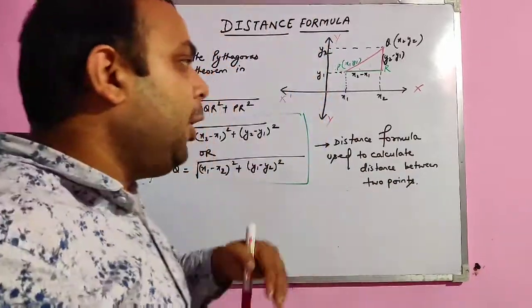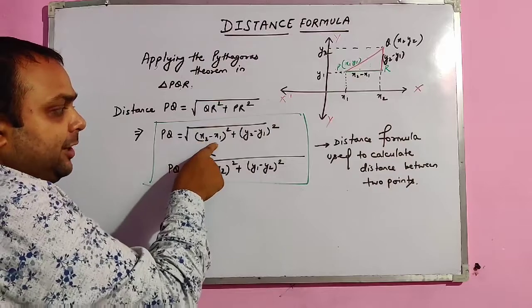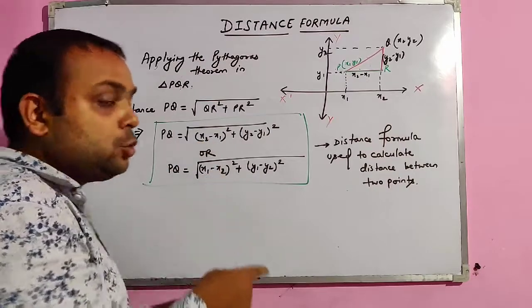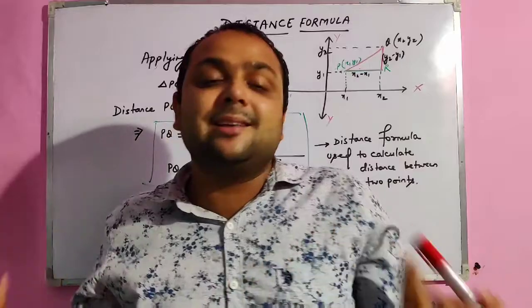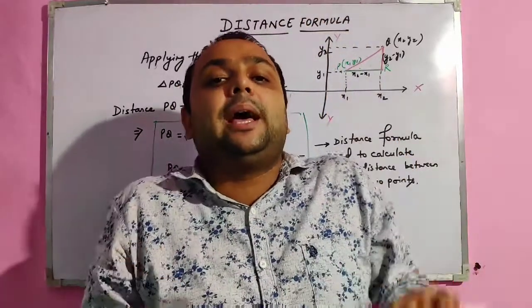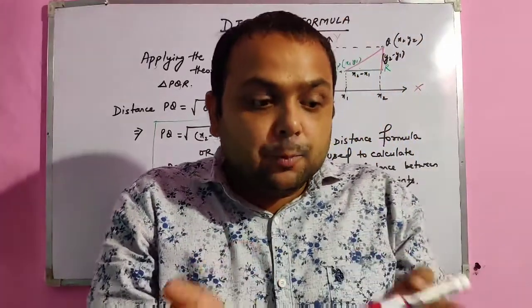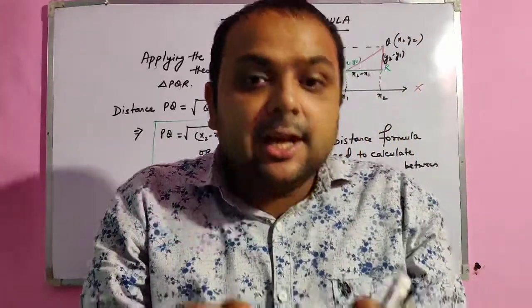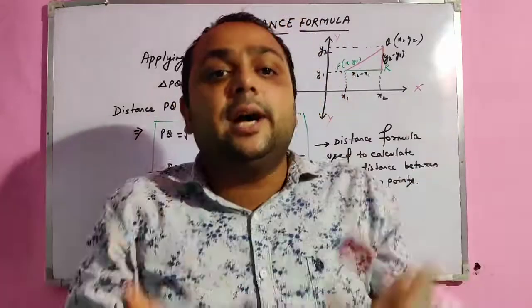Now this formula can be elaborated like this also. If x2 minus x1 is given, we can write x1 minus x2, because if we do the square of either of these two, the answer will be the same. So as simple as that, the distance formula is subtracting both the values of the x-axis, square, plus both the values of the y-axis, square, then under root.